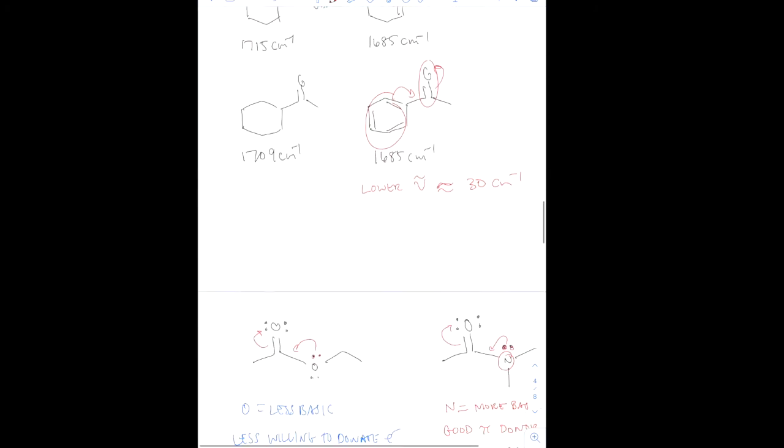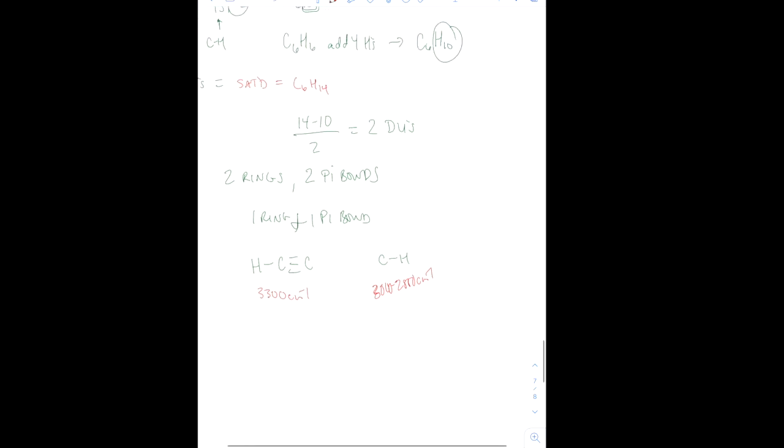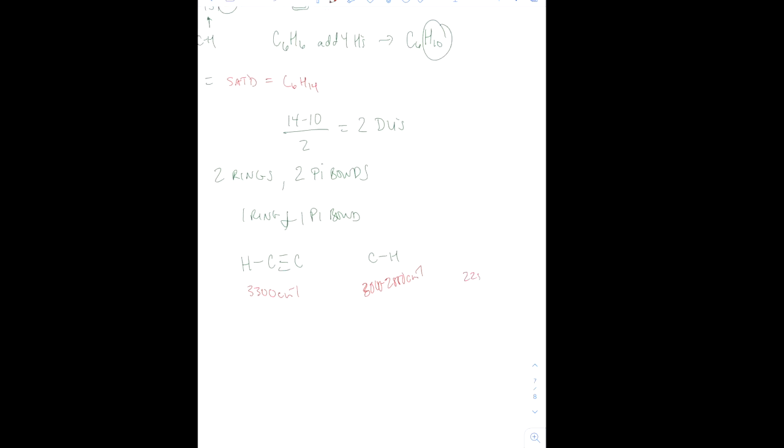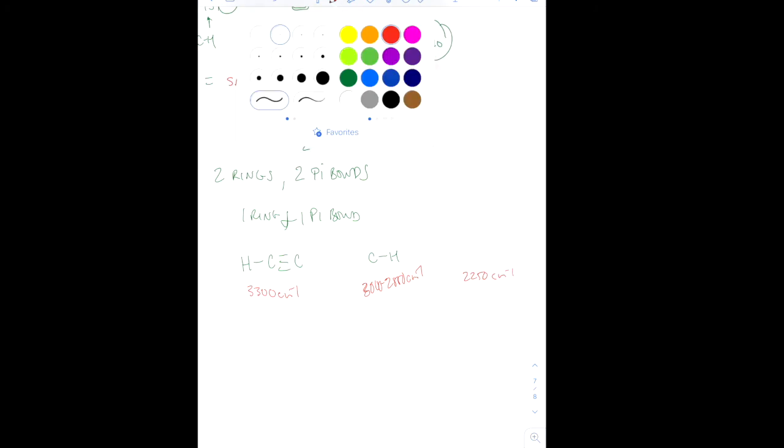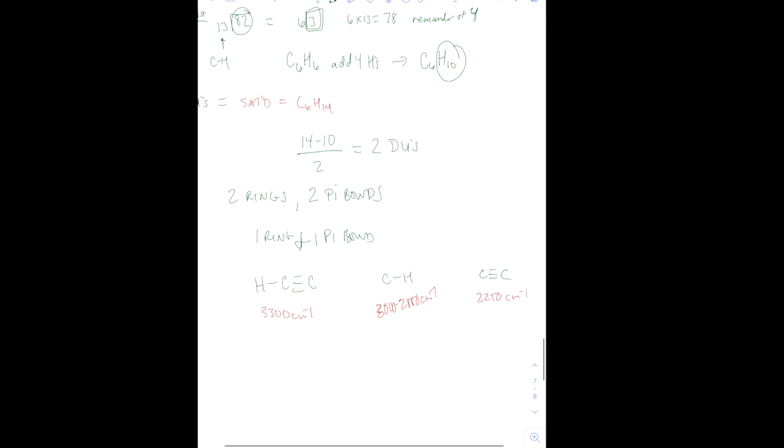Okay, now your last one is 2250. So let's see what that 2250 could be. So it's not here. Ooh, check that out. Oh, well, that's expected, right? Because we had that C-sp-H. And so there you go. That is pretty much all of the stretches that we were using in order to figure out what the structure of the molecule is.